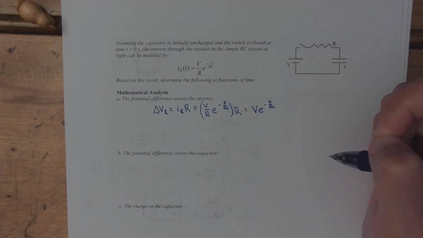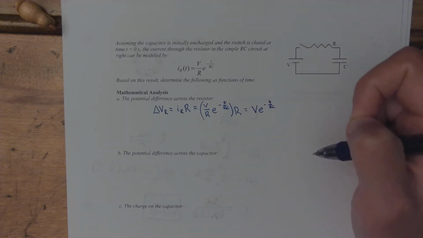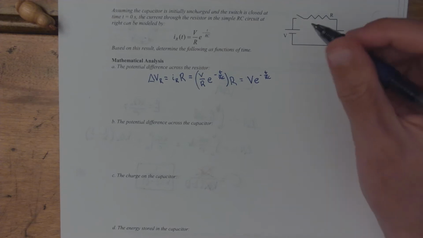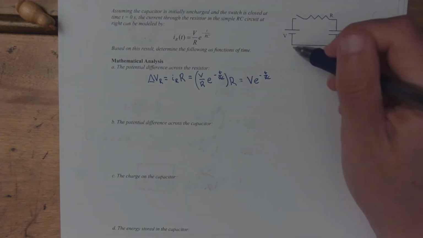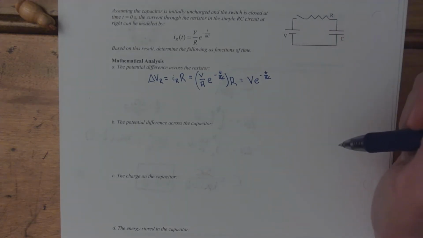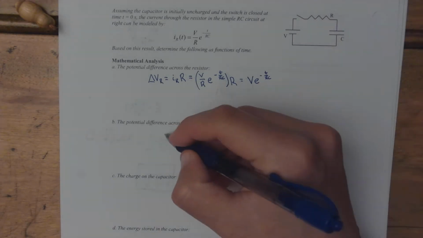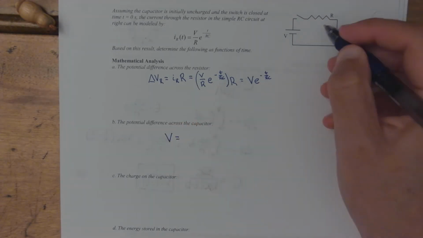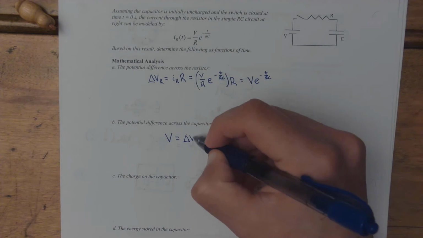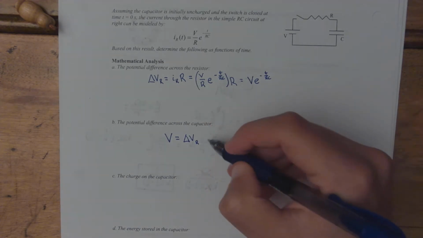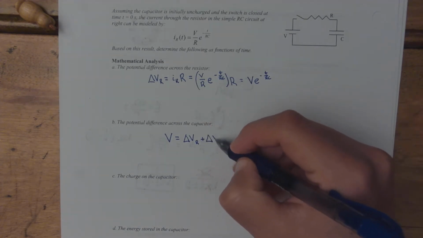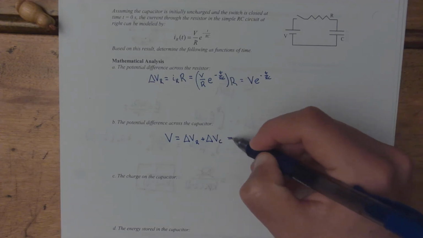divided by RC. We want to know the potential difference across the capacitor. Well, if we sum up the potential differences around the closed loop, we must get 0. So V from the battery must be equal to the change in potential across the resistor plus the change in potential across the capacitor.